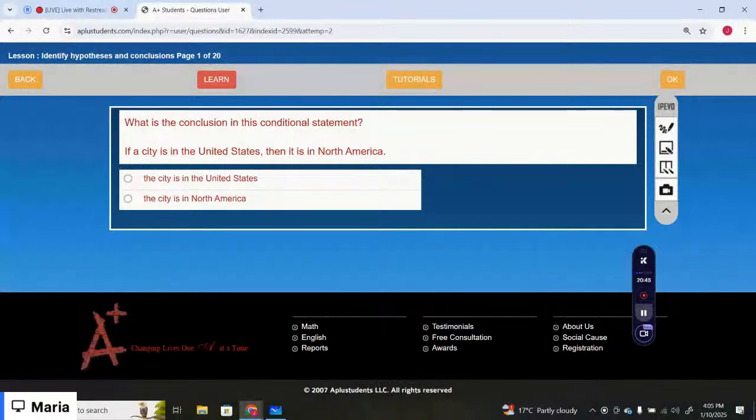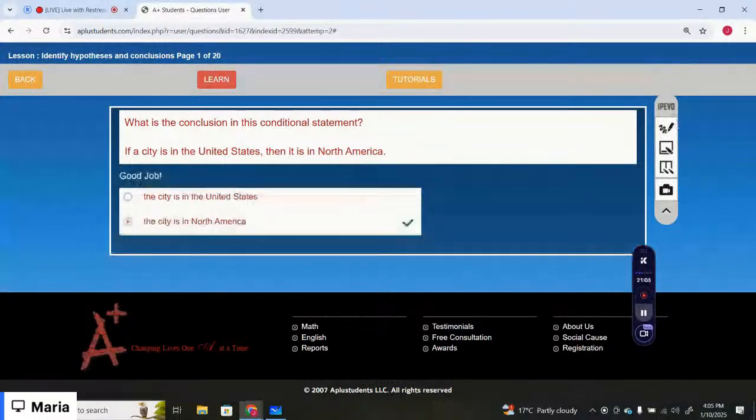Then part is the conclusion, right? So the conclusion is the city is in North America. The city is in North America is the conclusion.